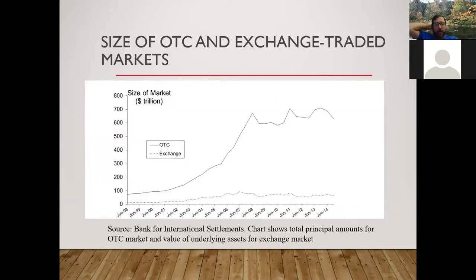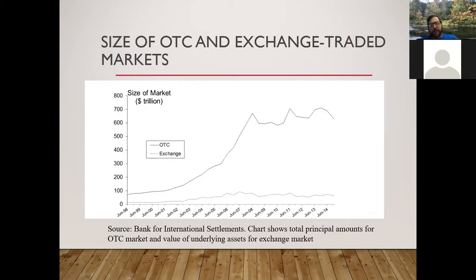This graph I wanted to include just so that you can get a sense for how big these markets are. This dotted line, hopefully you can see, is down here. It looks pretty low, right? But if you look, this right here is $100 trillion.